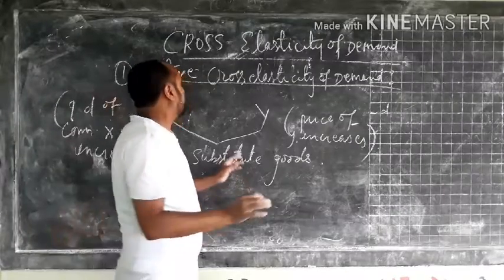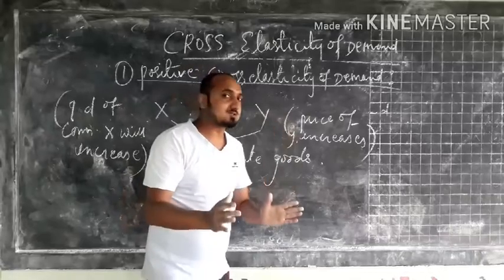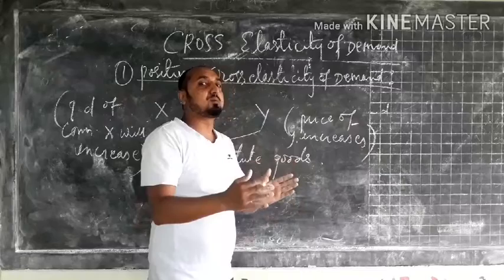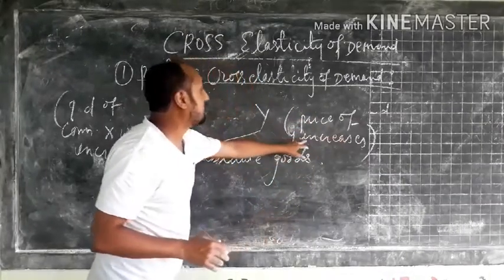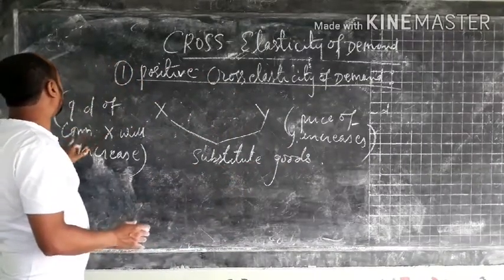Once again, in the case of positive cross elasticity, what is the definition? Cross elasticity of demand is said to be positive when an increase in price of commodity Y leads to an increase in quantity demanded for commodity X.